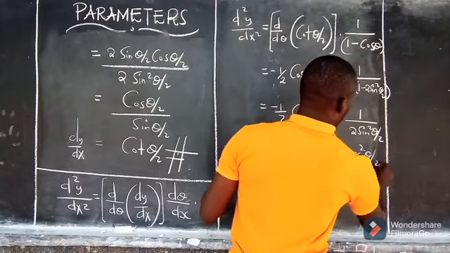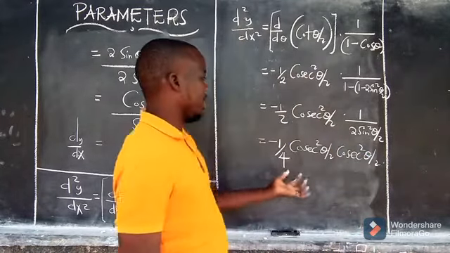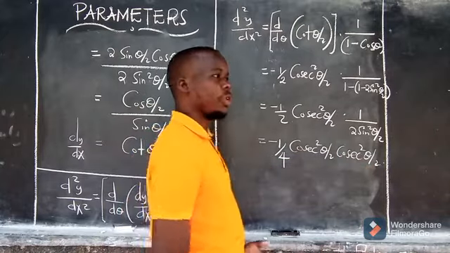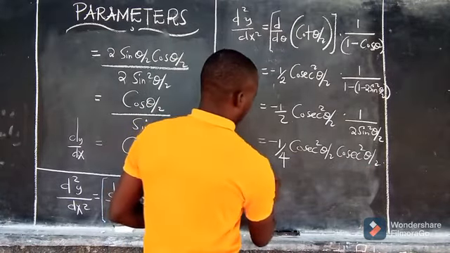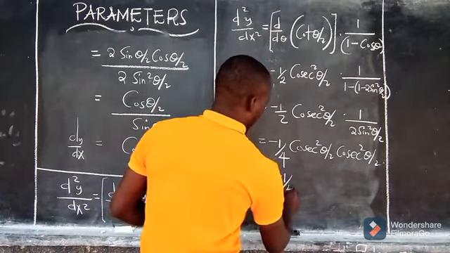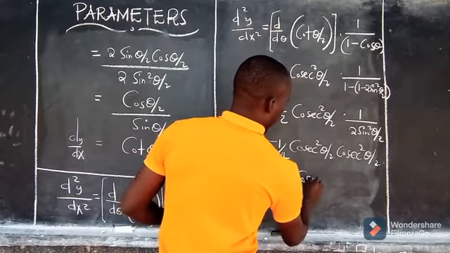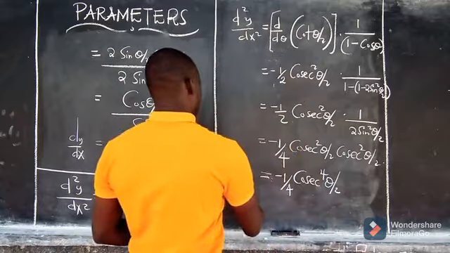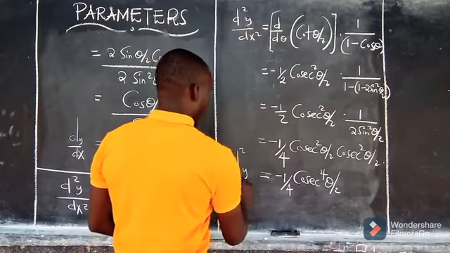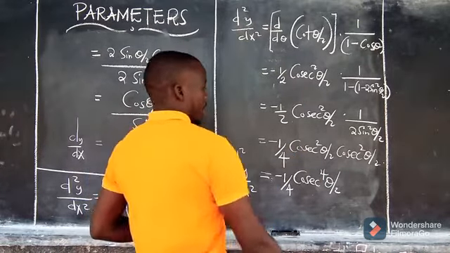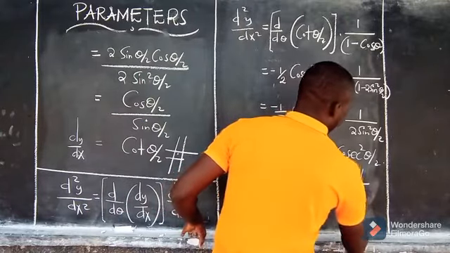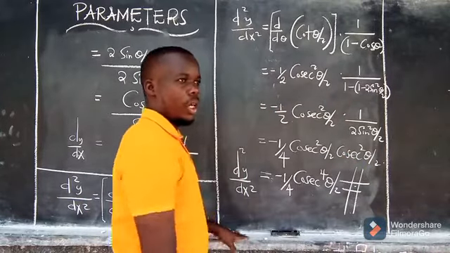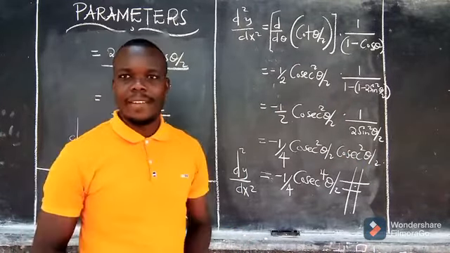Now from indices, multiply this by this, you will get cosec power 4. So we shall have negative a quarter cosec power 4 theta out of 2 as our d2y by dx squared. And this is exactly what they wanted us to prove. And we have done it quite easily.